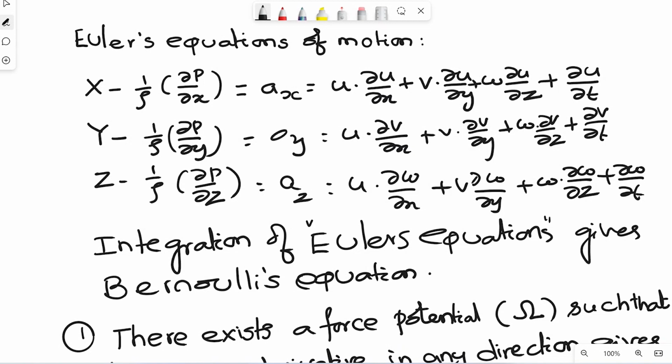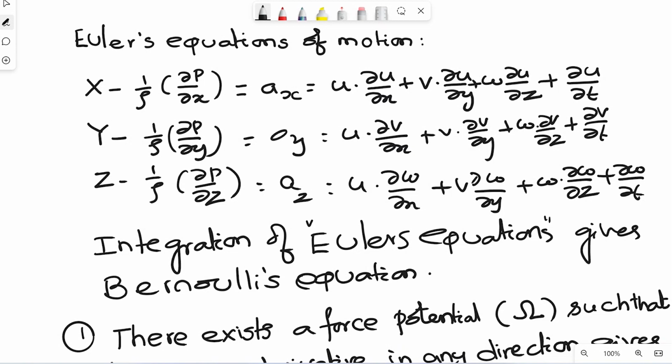So how to do that actually? This is minus dou force potential by dou x, this is x, here is also x. Here and here also x should come. How should we do that? That is the next challenge actually. Here it is u dou u by dou x. Here I want it in such a way that it should be v into dou v by dou x, w into dou w by dou x.